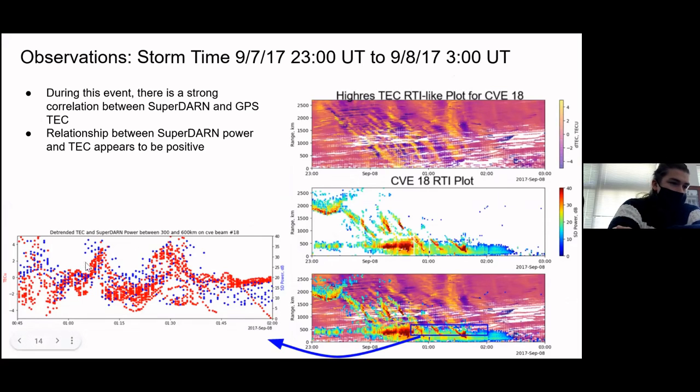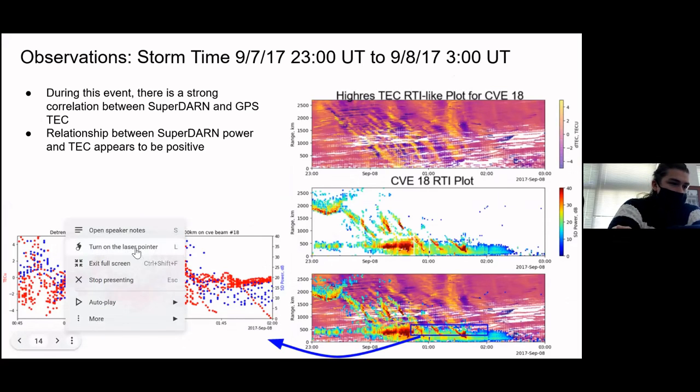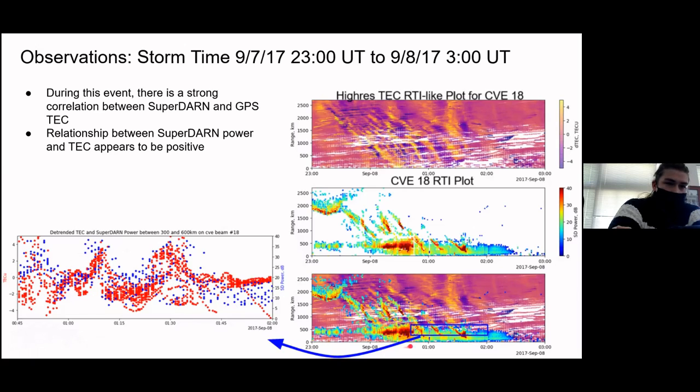From this box, we have TEC in red and SuperDARN power in blue. The SuperDARN power goes positive when the TEC goes positive, and vice versa. And you can see that the power matches with the yellow on this map. It's pretty good, which was maybe not completely expected.